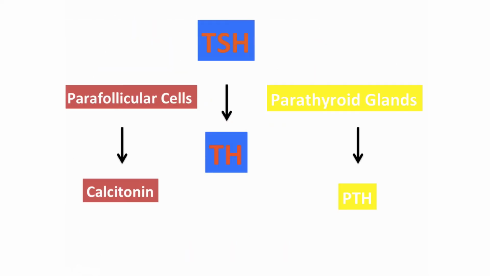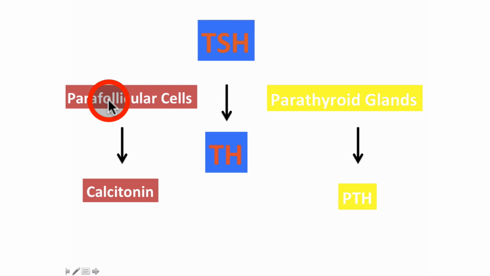So in review, we have TSH from the anterior pituitary that stimulates the release of thyroid hormone from the thyroid gland. Totally unrelated to that anterior pituitary axis are the parafollicular cells and the parathyroid glands.